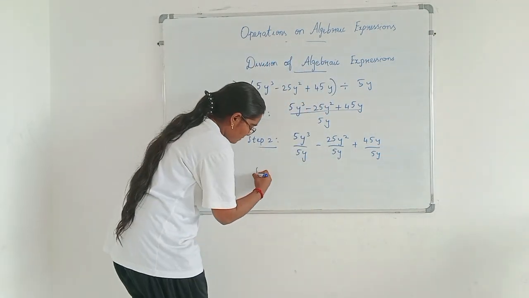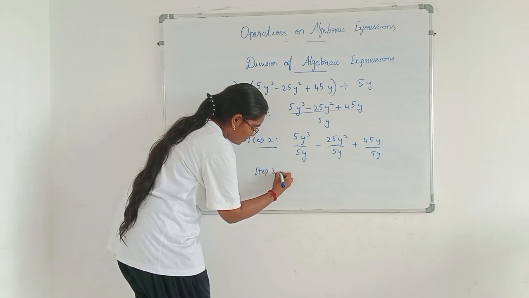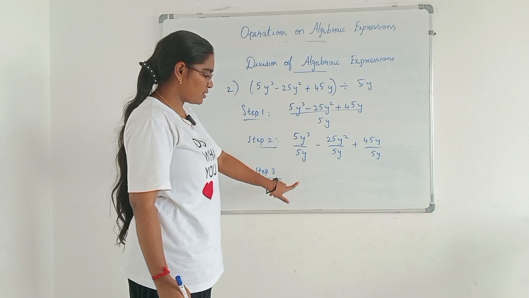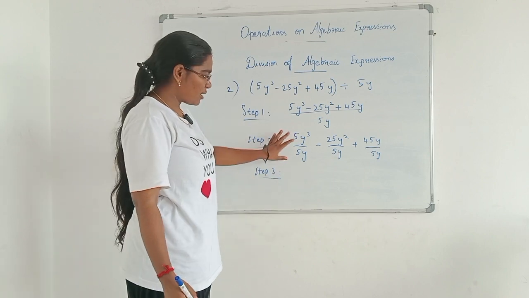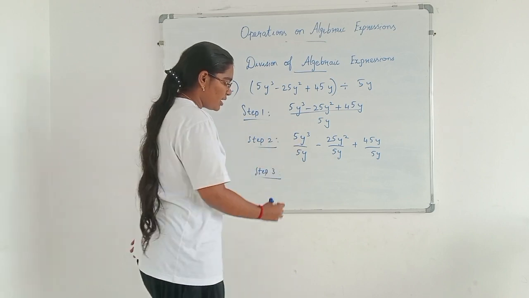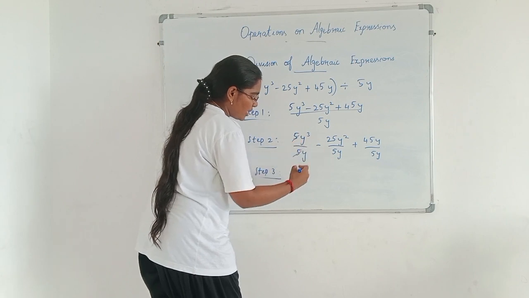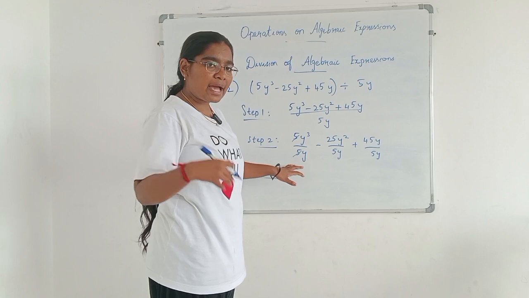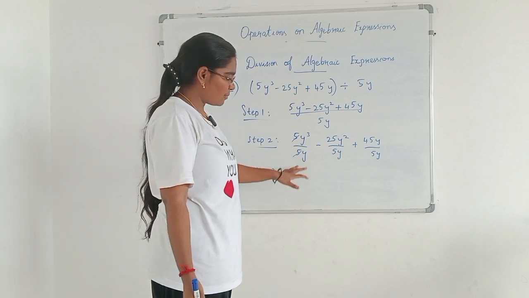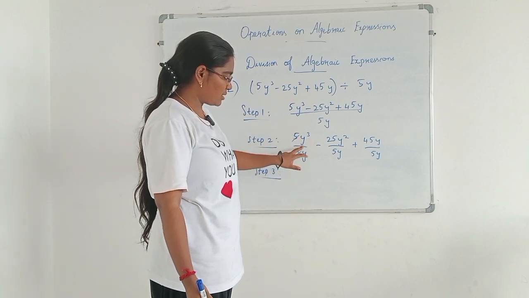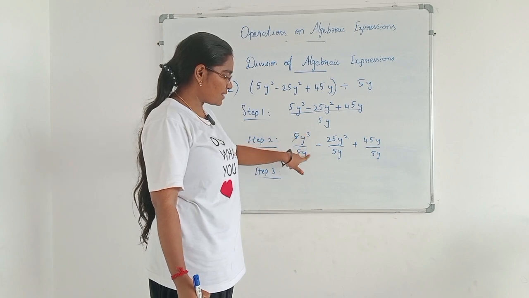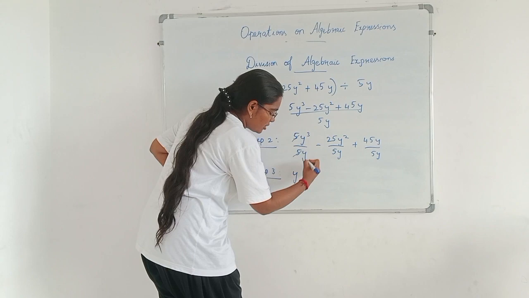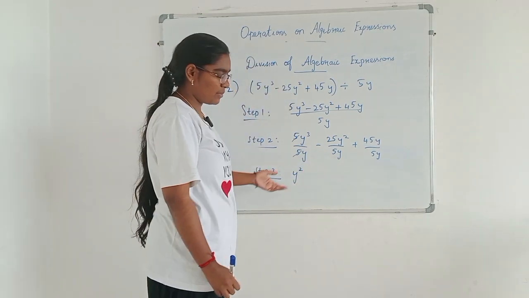In step 3, consider the sign: plus, plus, so plus only will come. Coefficient 5, if you cancel, you will get 1. Next, y cube and y. By applying the laws of exponents, the base is the same and this is in division format, so you can subtract the exponents: y, 3 minus 1, 2.